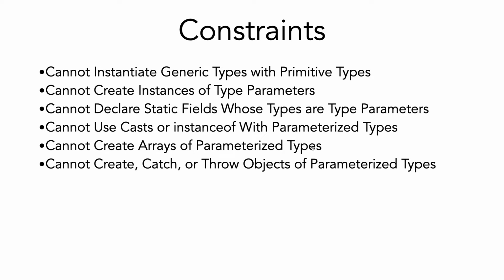That is also one constraint. In exception handling, in a catch block we cannot use T, and we cannot throw a type of T either. We need to use a specific object only, so we cannot generalize that we can throw any type of T. So that is all about the constraints here.